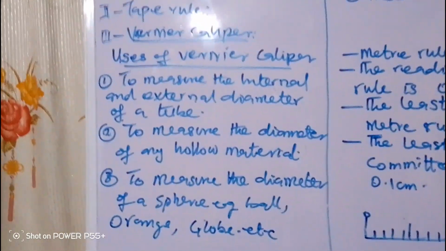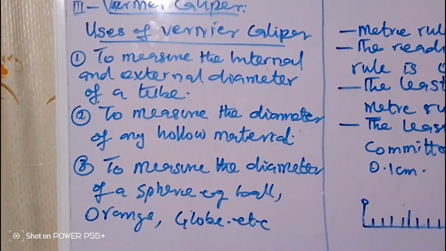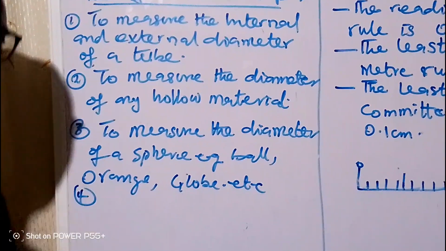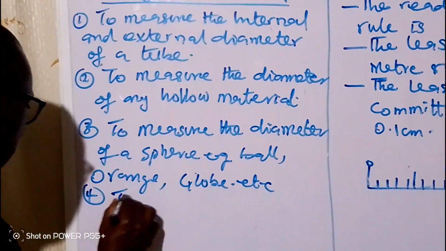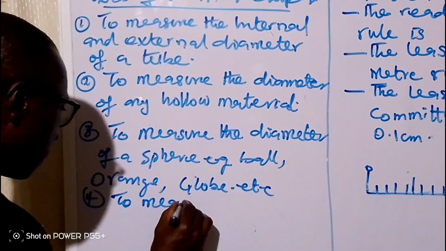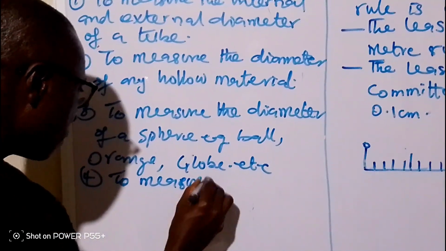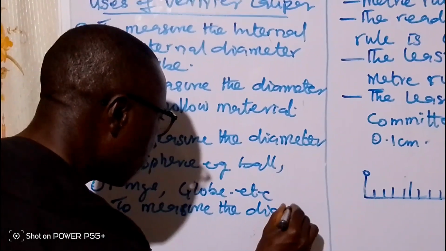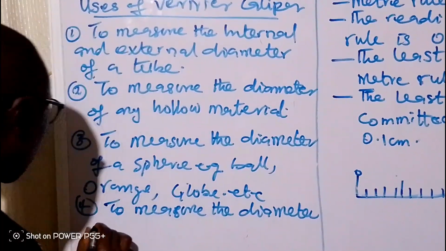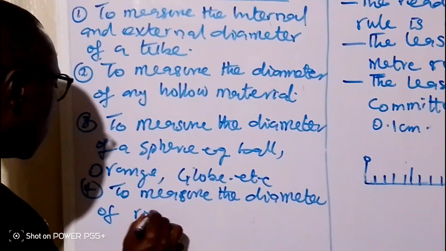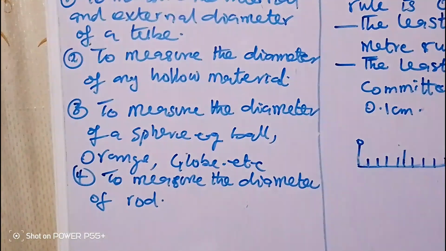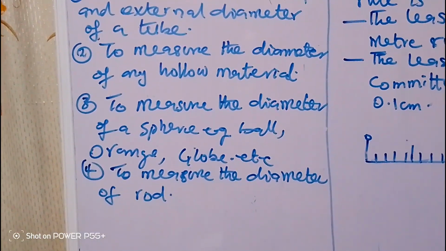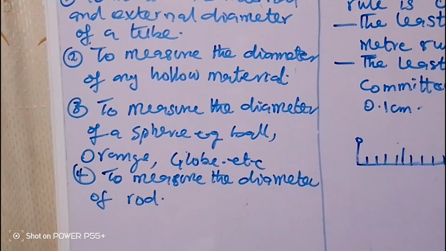So these are the possible uses of vernier caliper. Number four, to measure the diameter of a rod, like an iron rod. We want to know the diameter, we use vernier caliper.